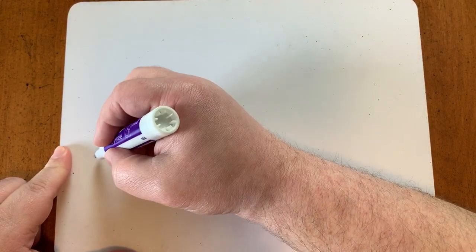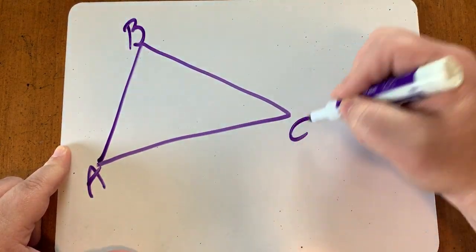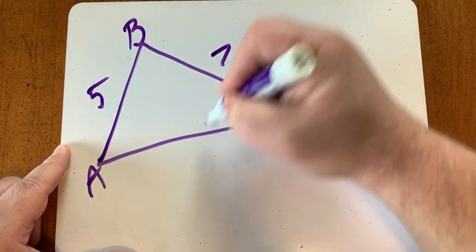So let's try an example with three sides. If we have three sides, we can't have three angles, but we can have three sides. Let's say we had triangle ABC, where the sides were 5, 7, and 9.